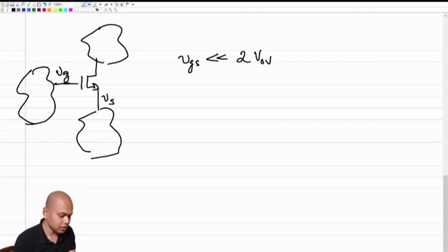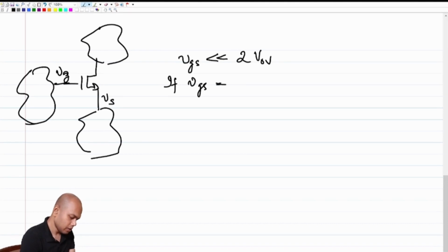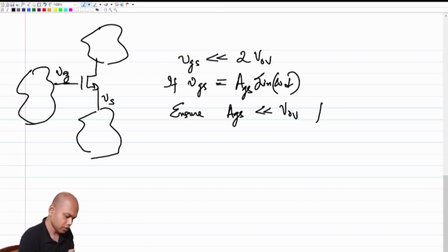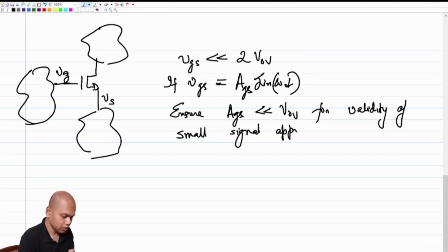And if incremental VGS is some sinusoid, let's say AGS sin omega naught t, you have to ensure that AGS is much less than the overdrive. This is for validity of small signal approximation.